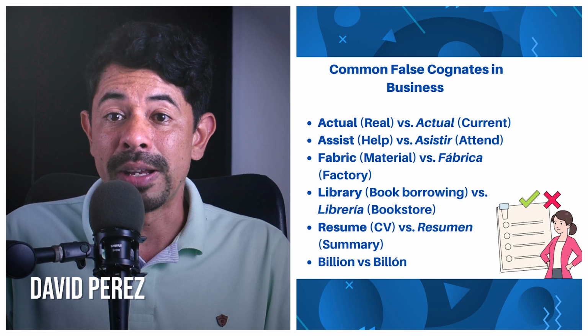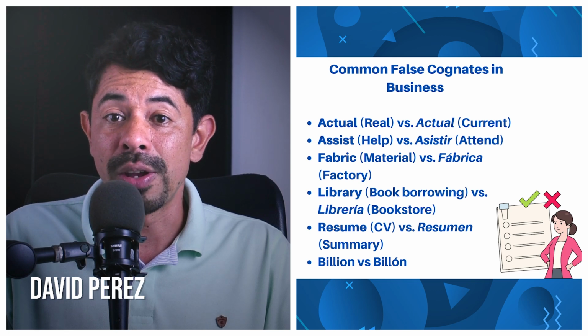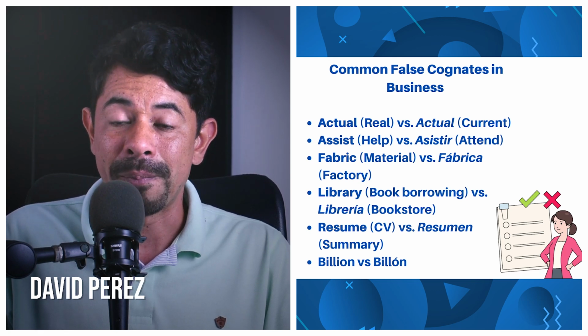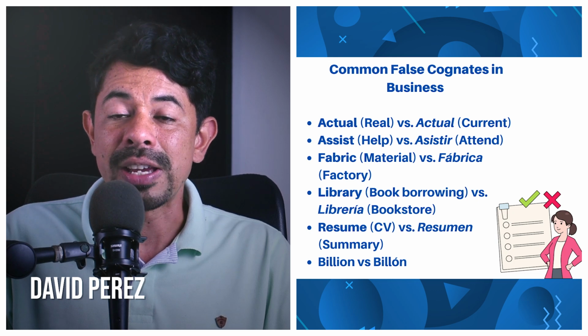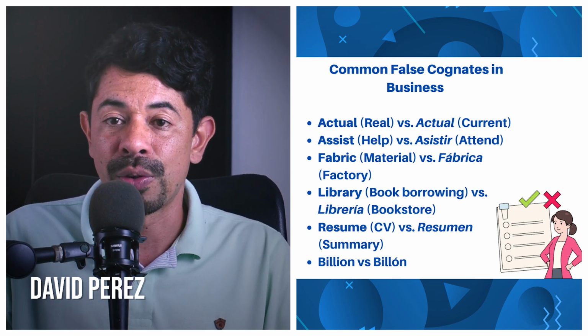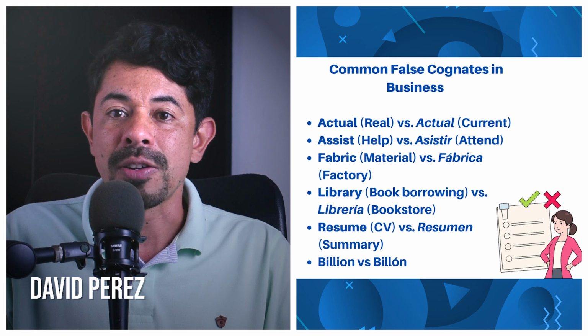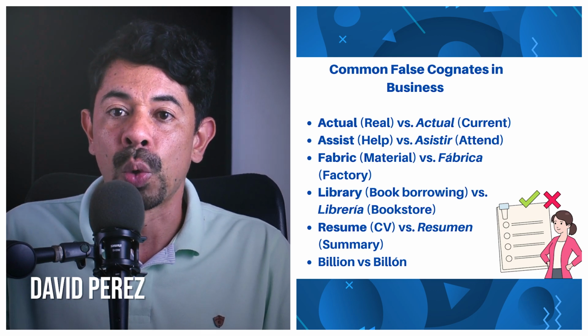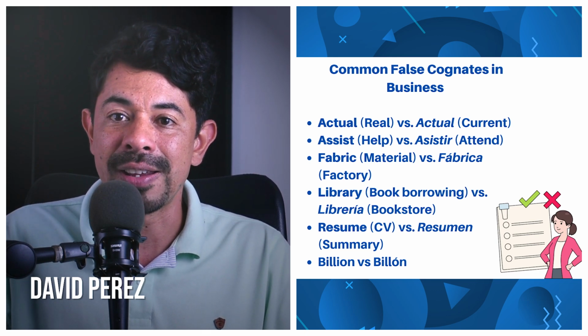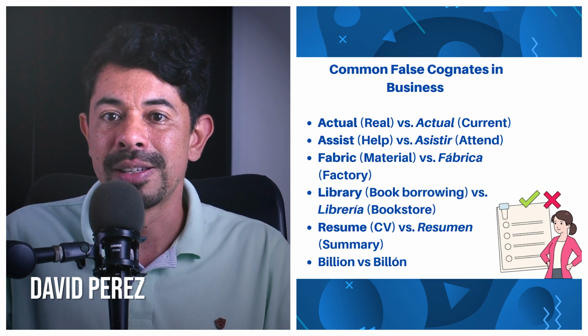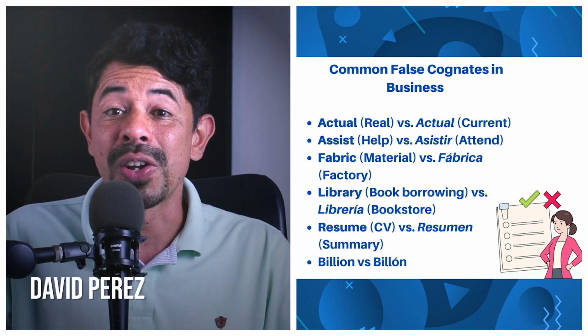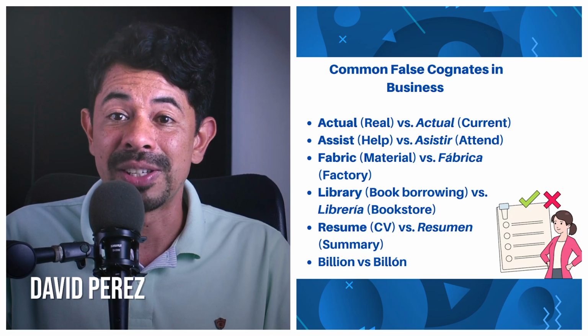A resumen, however, is a summary. Yes, is getting the key ideas from a text or from a document and compacting them into shorter versions of that idea. Yeah, resumen means summary, but they look and sound very, very similar.